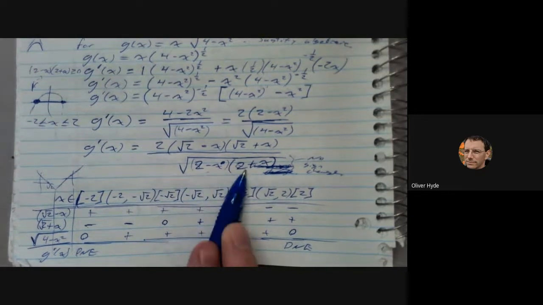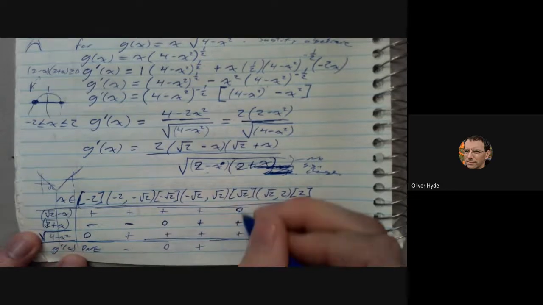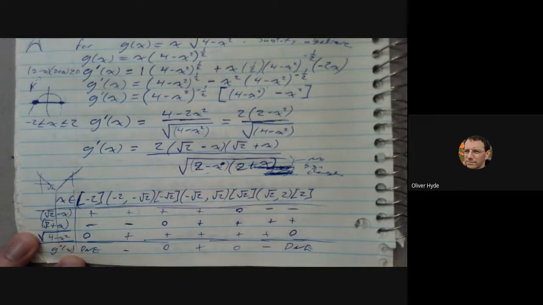If you're thinking, well, what about when this is negative or this is positive, these change sign across negative 2 and across positive 2, and you're not crossing those. So try it out if you like. So here we go. This is going to be a negative sign. That'll be neutral. That'll be positive. That'll be neutral. That'll be negative.